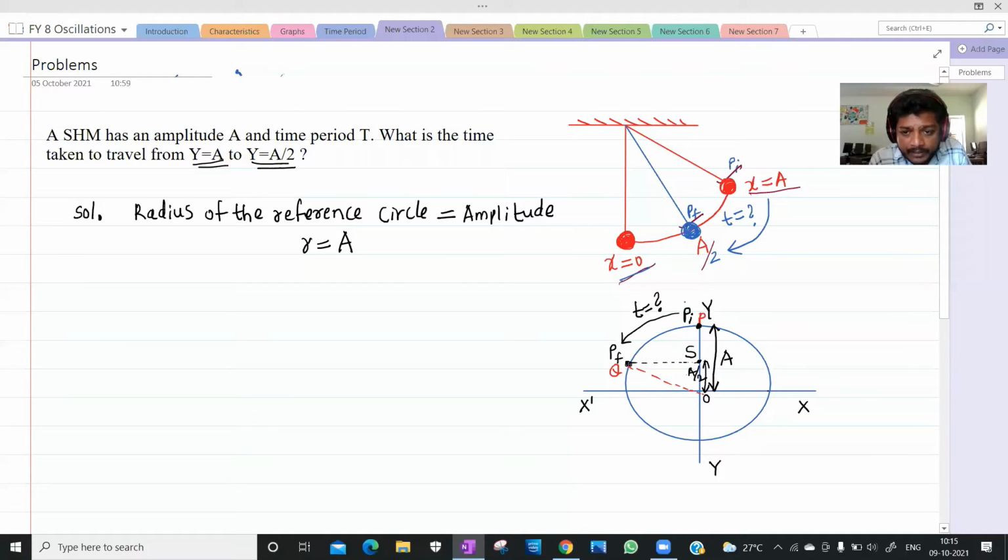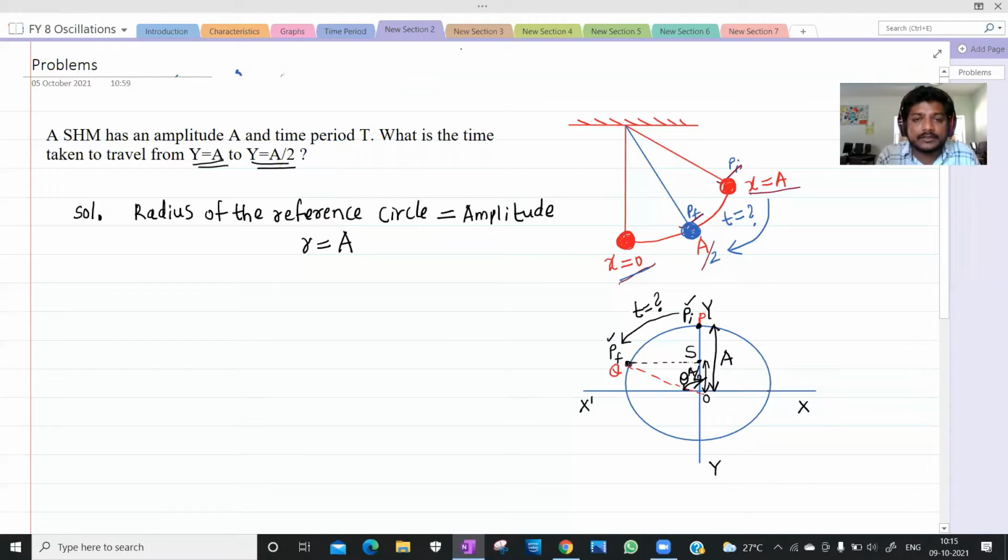This is P initial, and this is P final. The angle between P initial and P final is called theta, the angular displacement.